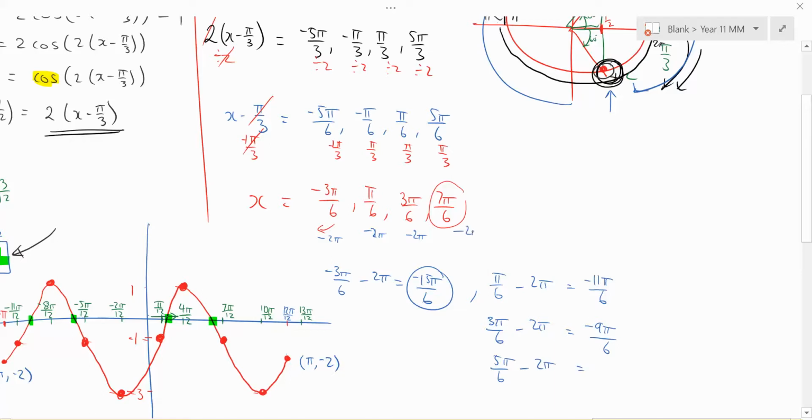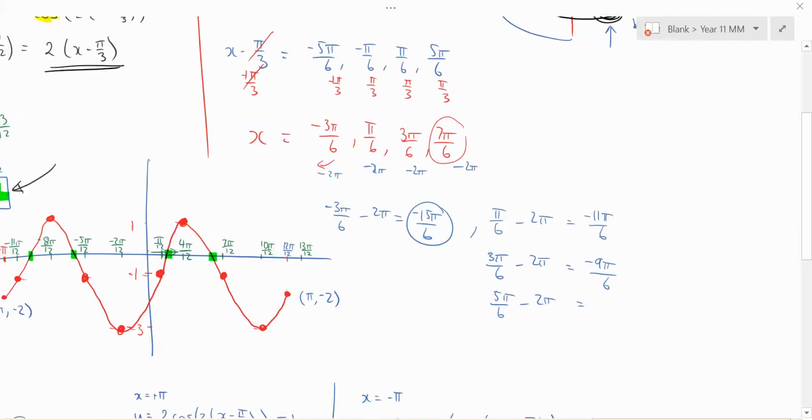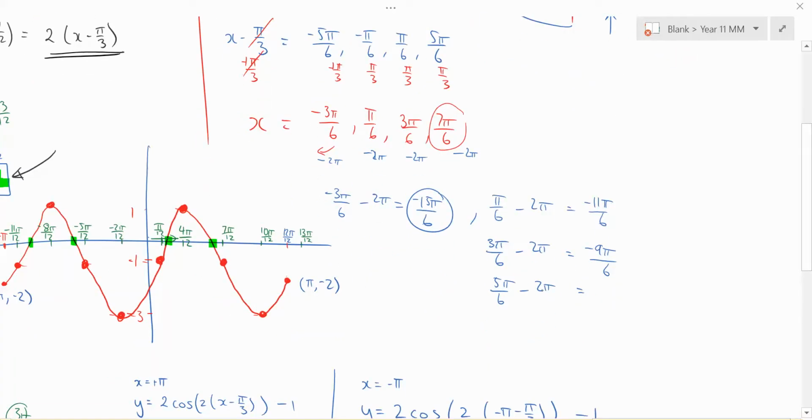So I'm minusing this by 2 pi. Just double checking, so this is all checking my possible answers. So minusing them all by 2 pi, and that gives you negative 12 plus 5 is negative 7 pi on 6. Okay, so it looks like each revolution should be fine.